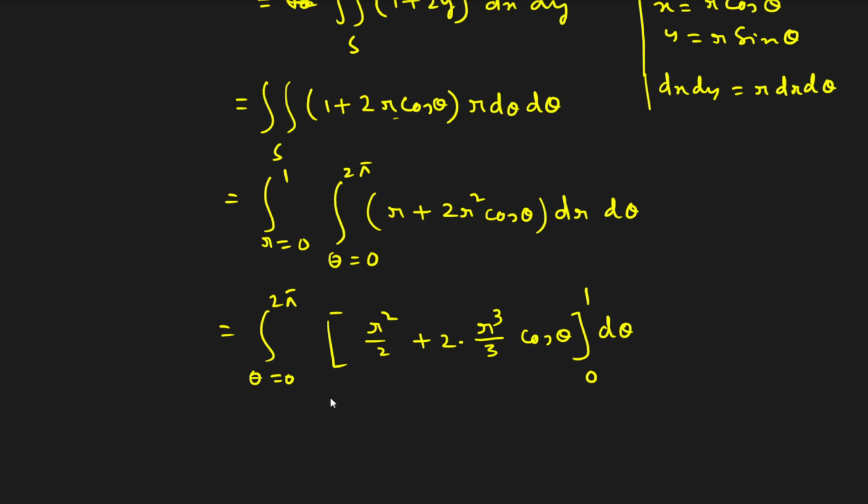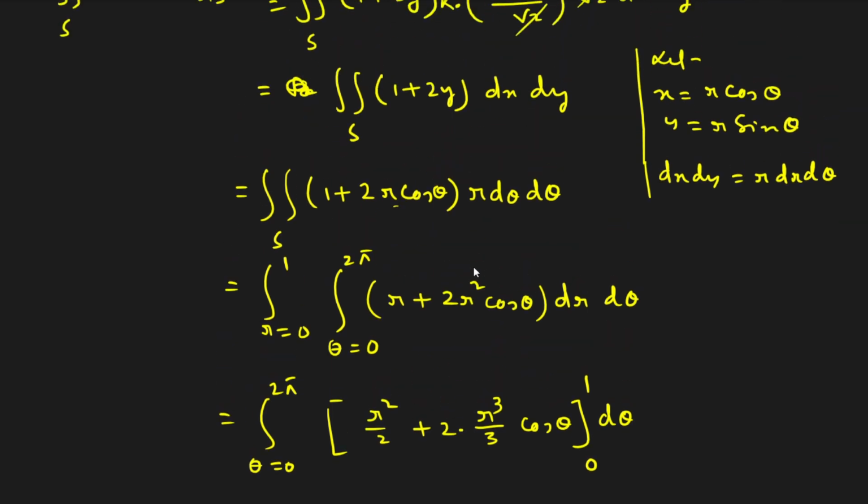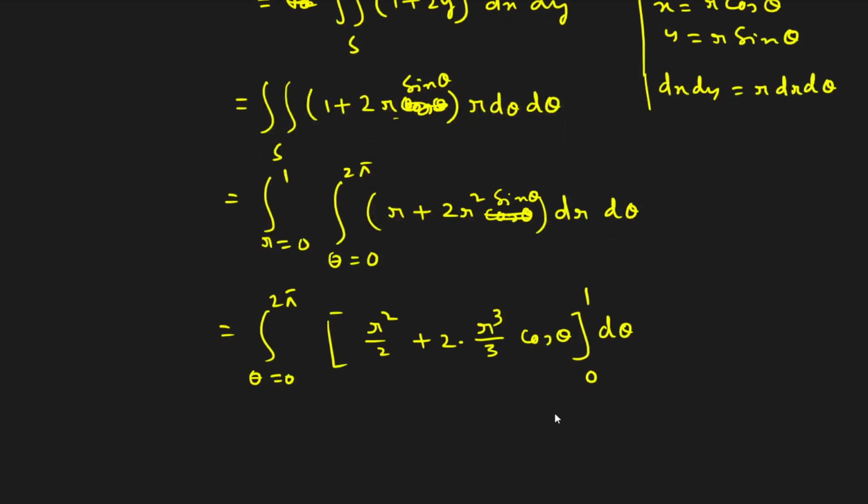I made one mistake, I guess. Yes, this is y, no? So y is r sin theta. Sorry, this should be sin theta. This term is also sin theta. Kindly correct it.